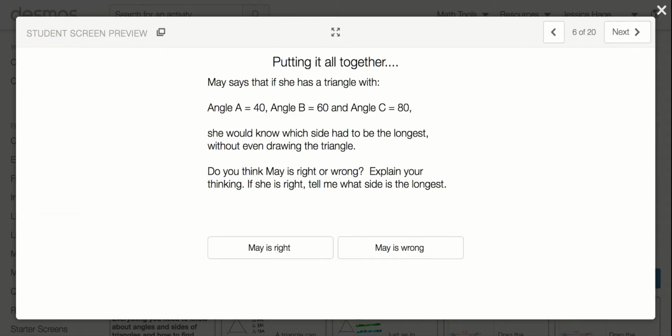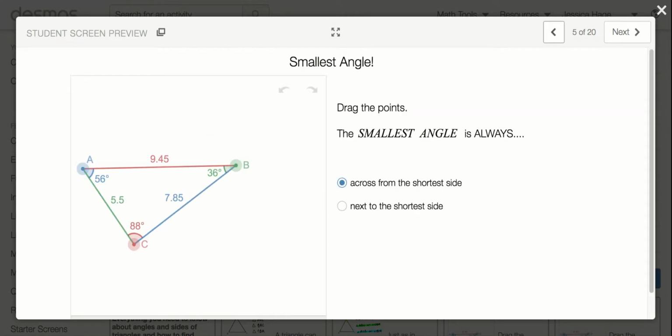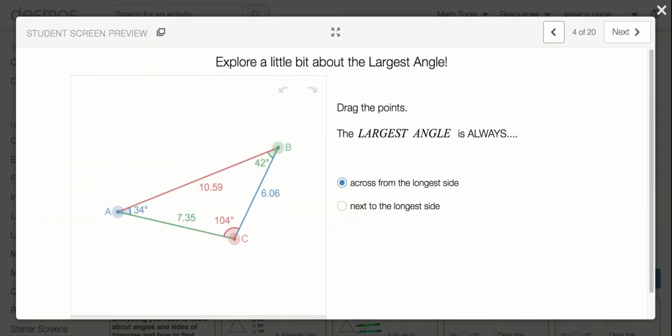May says that she has a triangle with angle A is 40, angle B is 60 degrees, and angle C is 80 degrees. She would know which side had to be the longest without even drawing the triangle. Do you think May is right or wrong? And then we're going to explain her thinking. If she's right, let's see what side is the longest. Using the previous slides, the smallest angle is always across from the smallest side, and the largest angle is always across from the longest.